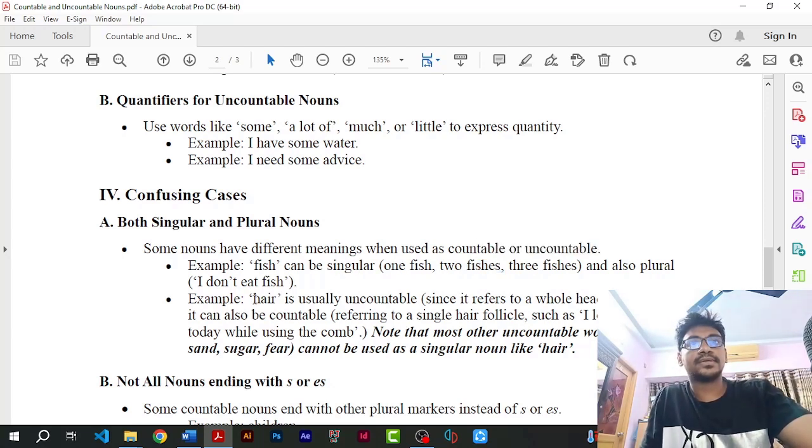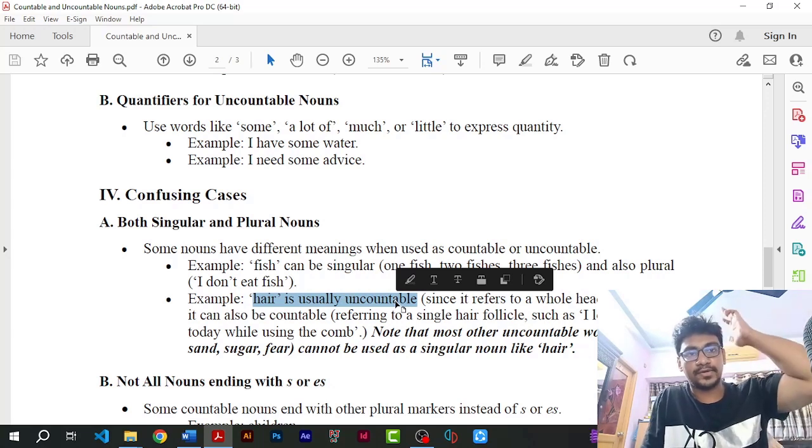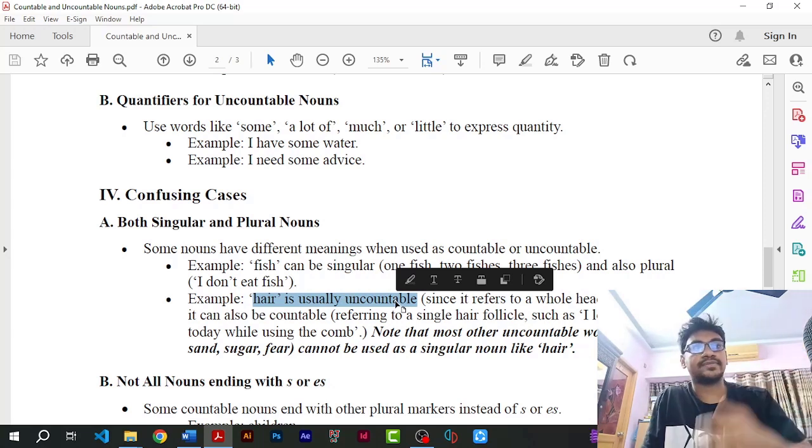Okay. So another example is that hair is usually uncountable. As I said, when I am referring to someone's hair, maybe hair on his or her head, or even hair on his or her body, then it is normally uncountable.